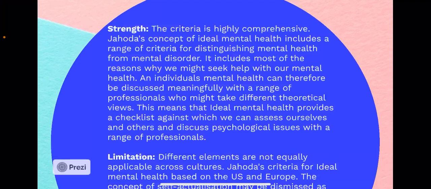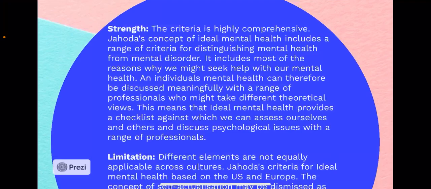An individual's mental health can therefore be discussed meaningfully with a range of professionals who might take different theoretical views. So that means like a psychiatrist, a psychologist, a counsellor. All of these individuals may have different ideas when it comes to diagnosing an individual with mental health disorder, but what this criteria does is it gives us a list that they can all use to compare individuals and to discuss an individual's mental health with that person and with each other.